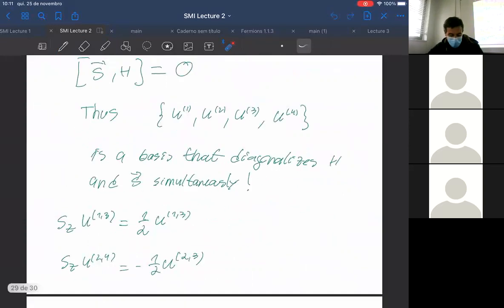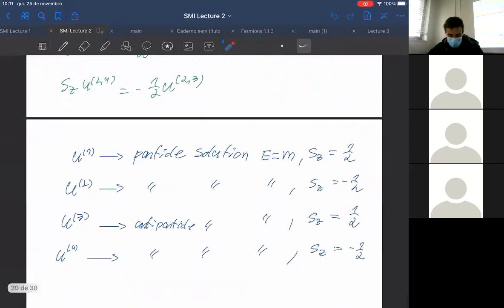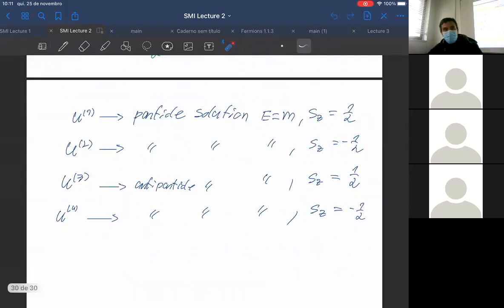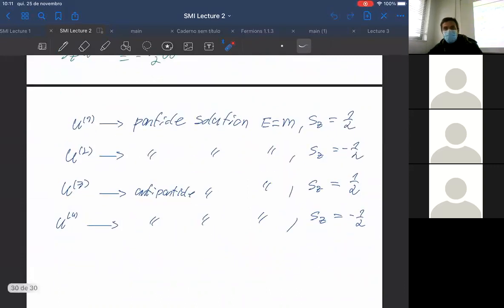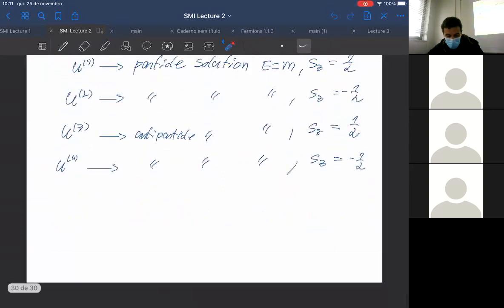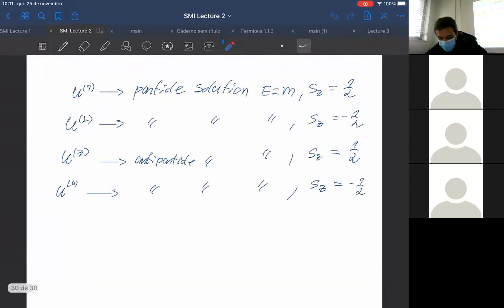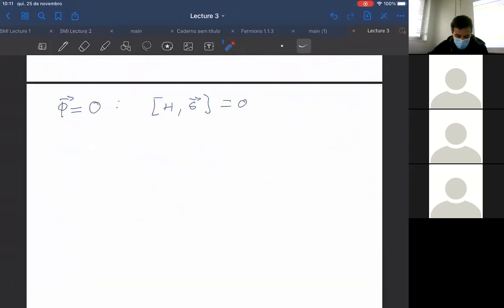You can distinguish the two states with the same energy because they have a different spin. So we have a complete set of commuting observables, in this case S and H, where S is spin and H is the Hamiltonian. This was something that we got from the previous lecture.